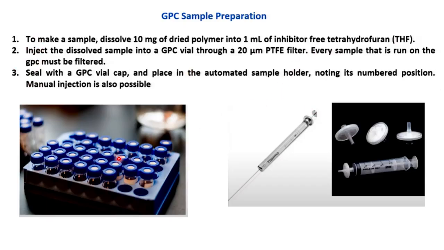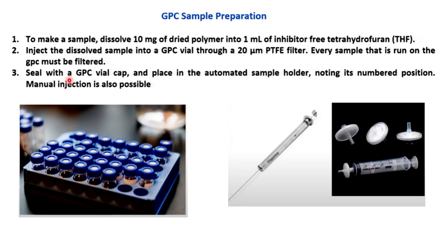Now for the GPC sample, a very small sample is required: dissolve 10 mg of dried polymer into 1 ml of inhibitor-free THF. Basically, 10 mg in 1 ml is still very highly concentrated. It's better to use 1 mg per 1 ml in THF, and THF must be inhibitor free. Now inject the dissolved sample into the GPC vial through a 20 micrometer PTFE filter, and every sample that is run on the GPC must be filtered.